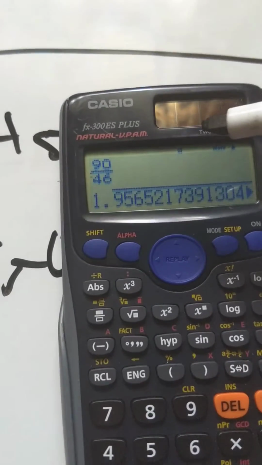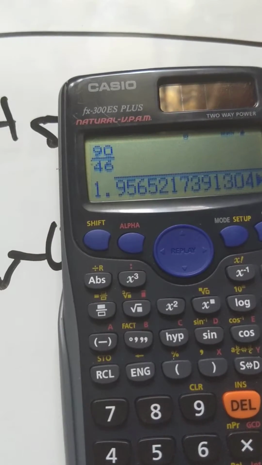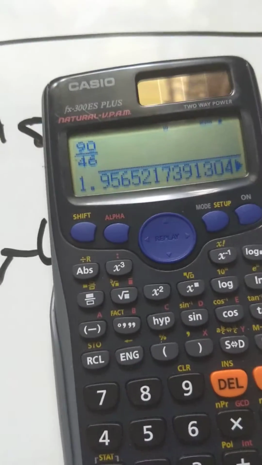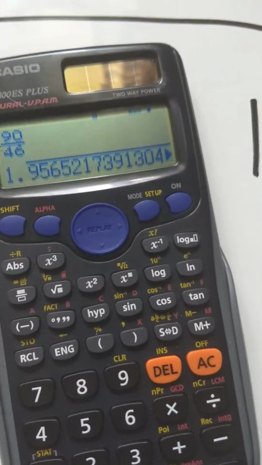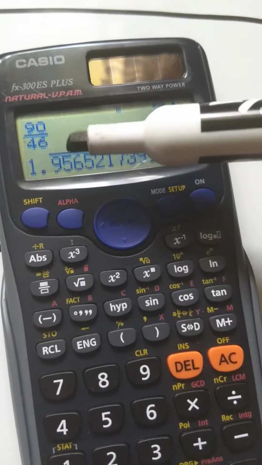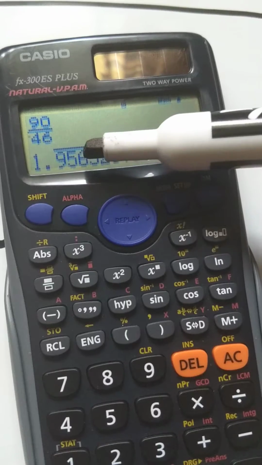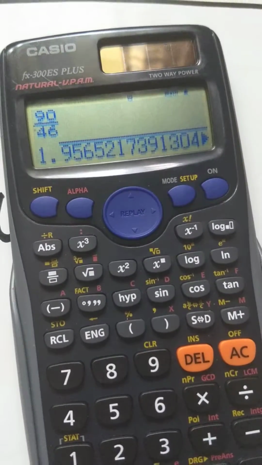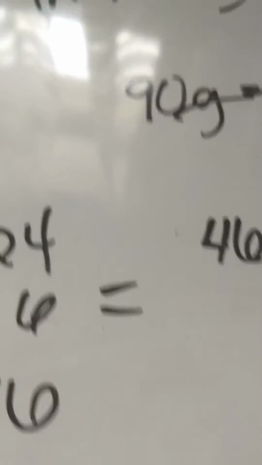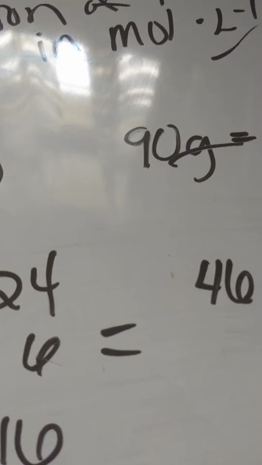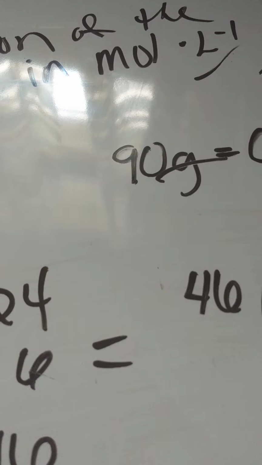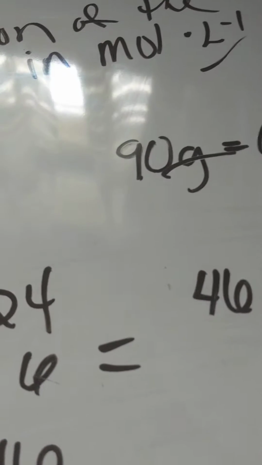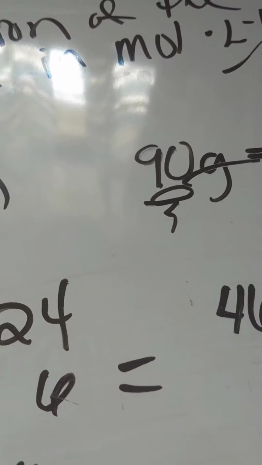The reason I say 1.96 is because I just rounded the second digit after the decimal. But if we were doing this with significant figures, the least amount of significant figures that we have would be 2.